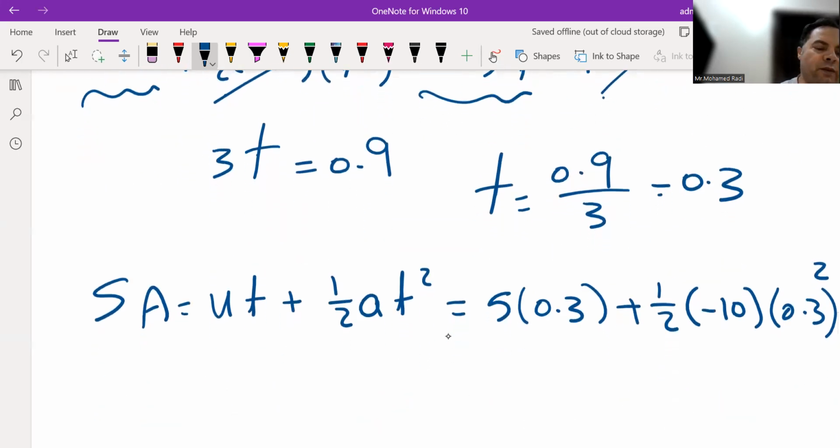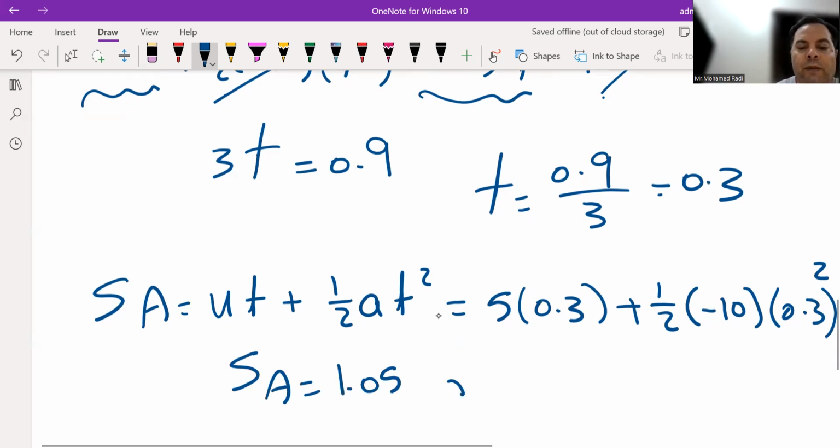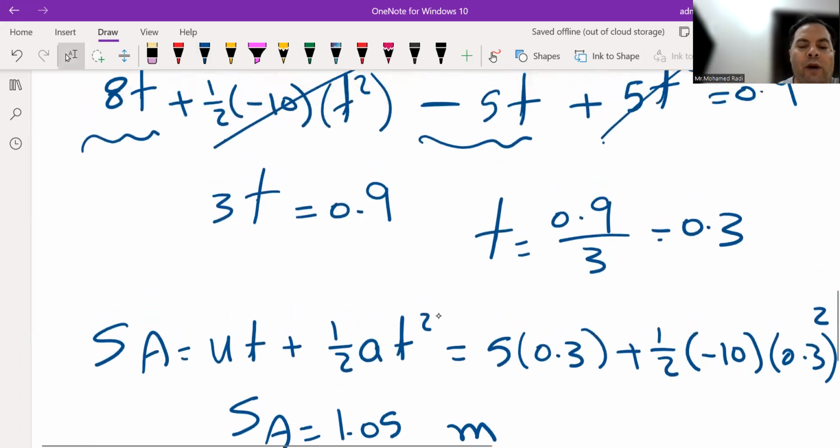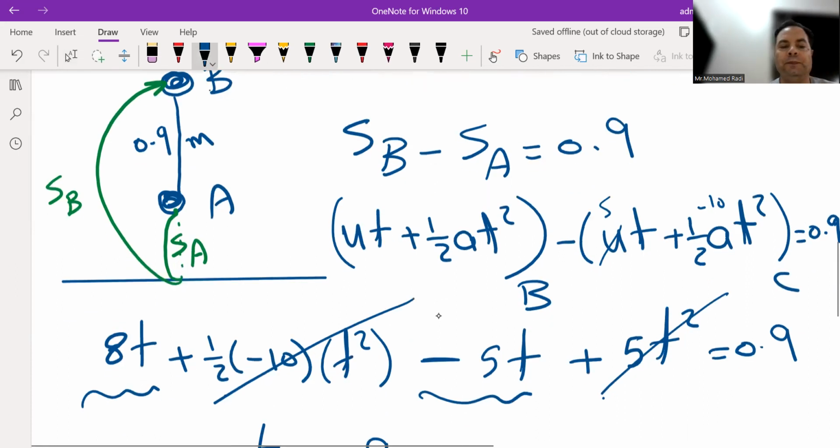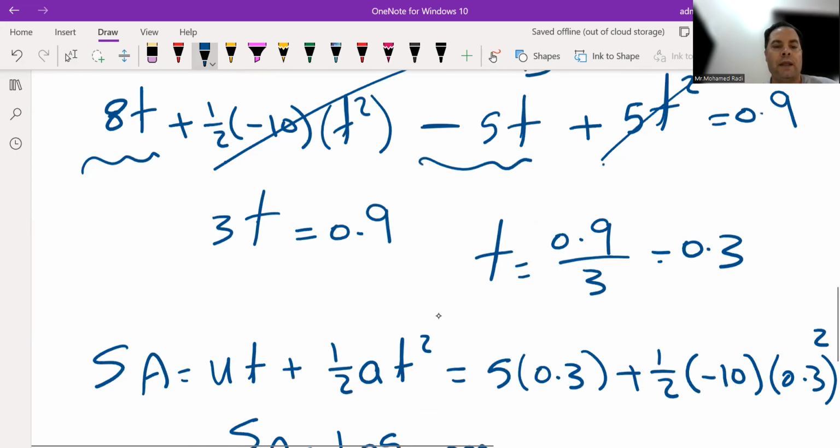By calculating this value, 5 times 0.3 plus half times -10 times 0.3 squared, the final answer is 1.05 meters. So particle A will be 1.05 meters above the ground when B is 0.9 meter above A. Thank you.